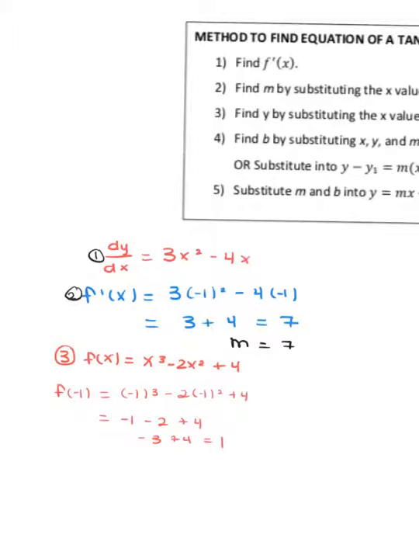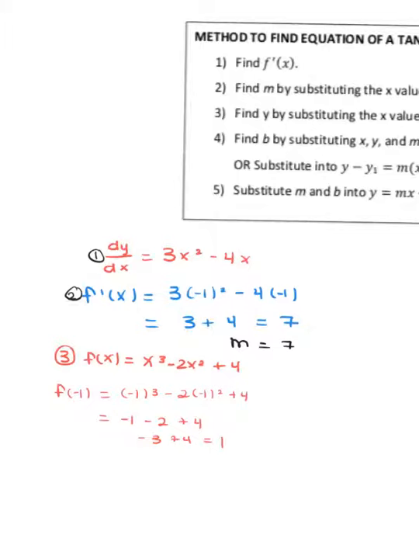Let's review. Step 1, find the slope of that tangent line, which I do by finding the derivative. The derivative helps me find the gradient or slope of that tangent line by finding the instantaneous rate of change. This is the same thing, calling it the gradient.